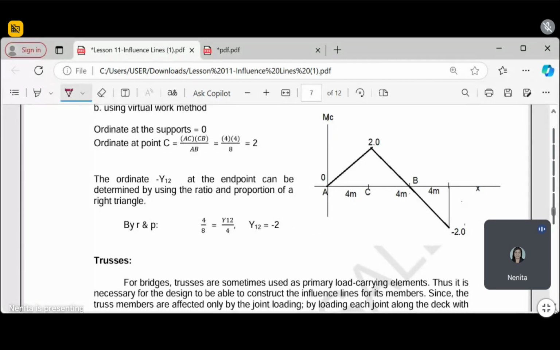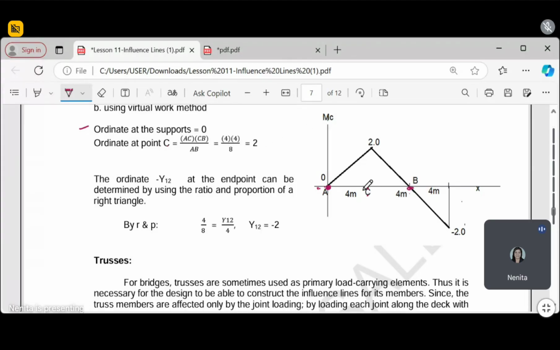So, for the virtual work method, what's easier? You get the ordinate. At the supports, the ordinate is always 0. Then the ordinate at point C, where you apply the load, is AC times CB over AB, the span between supports.